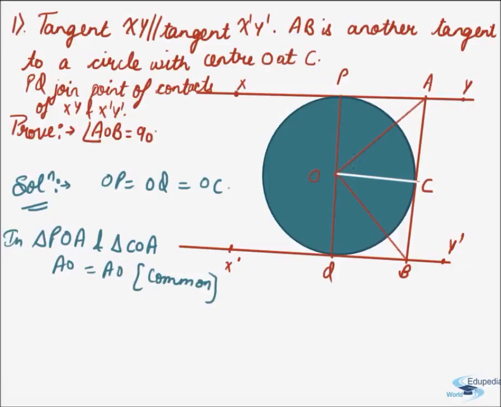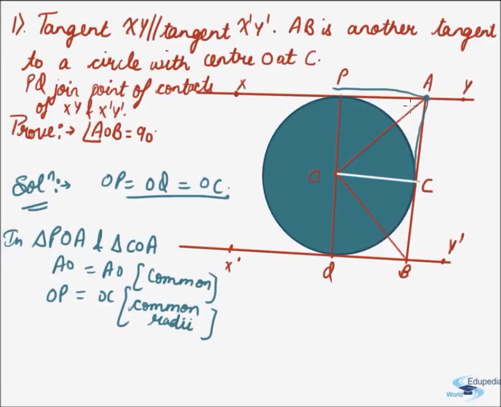Also, OP is equal to OC from here. That is common radii or radii of same circle. Now, if we concentrate on the point A, we can see that from A, two tangents AC and AP are drawn.